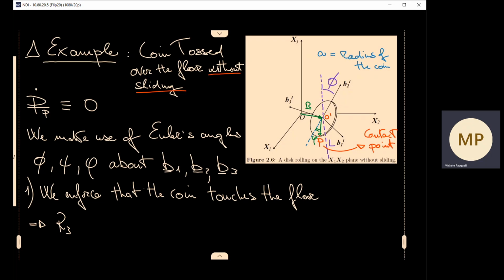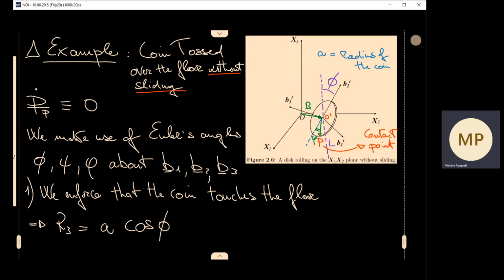That's what R3 is equal to: the radius A times the cosine of capital phi, because capital phi is the angle between B2 and the normal. So when capital phi is 0, B2 is aligned with x3, and R3 is equal to A, the radius. So A cosine of phi.